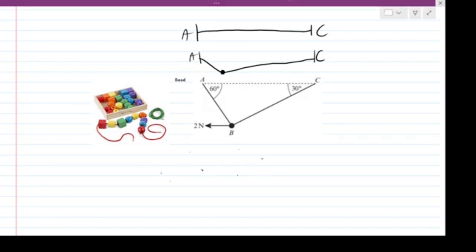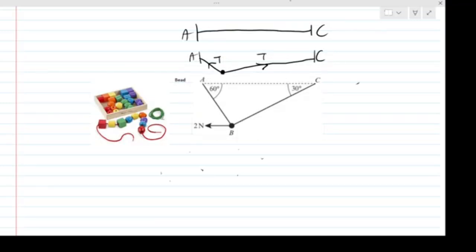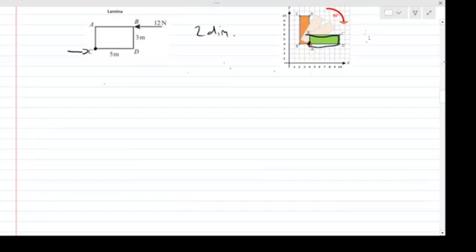But what happens is there's tension either side of the particle on the string. The tension is the same, the force in the string, either side of the particle, because the particle moves through the string. It creates two parts of the string, the part from A to the particle, then from the particle to the other end. The tension either side, in either part of the string, will be the same. That's a bead.